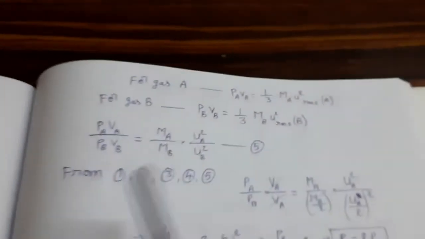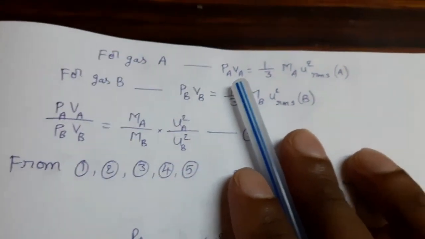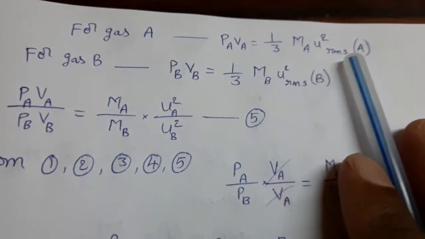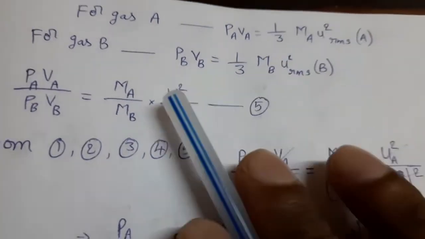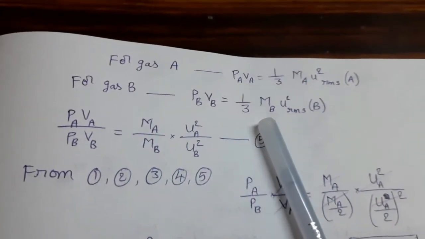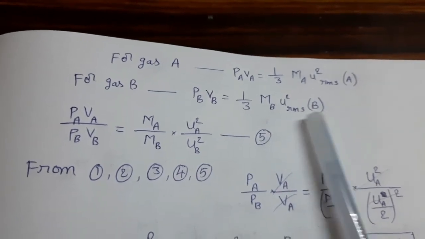For gas A, kinetic gas equation: PA VA equal to 1 by 3 MA U square RMS of A. For gas B, PB VB equal to 1 by 3 MB into RMS velocity of B, U square.